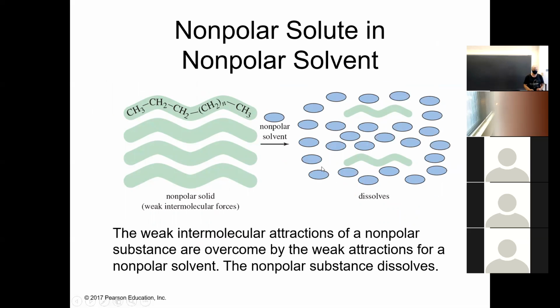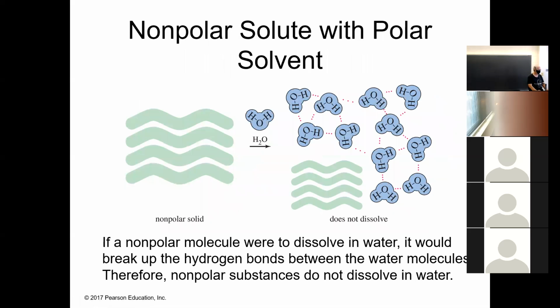Typically the explanation that's given for nonpolar dissolving nonpolar is that you have random mixing, you have an increase in entropy when these dissolve in each other. And here water does not dissolve in some nonpolar organic solvent, because that would require breaking up the strong hydrogen bonds.